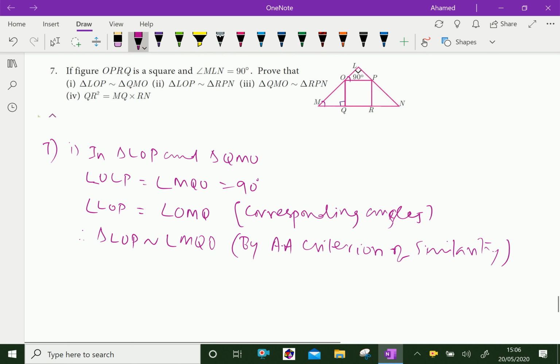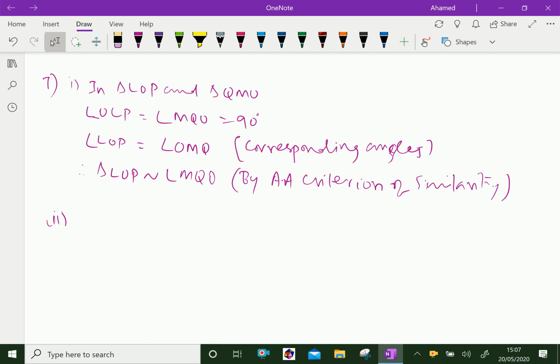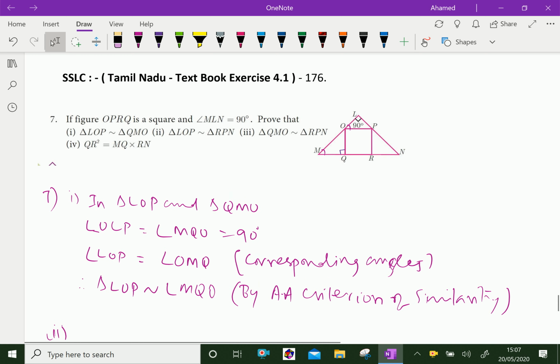Now, second part. I have to prove triangle LOP is similar to RPN. Triangle LOP is similar to RPN, like this, left side, right side.